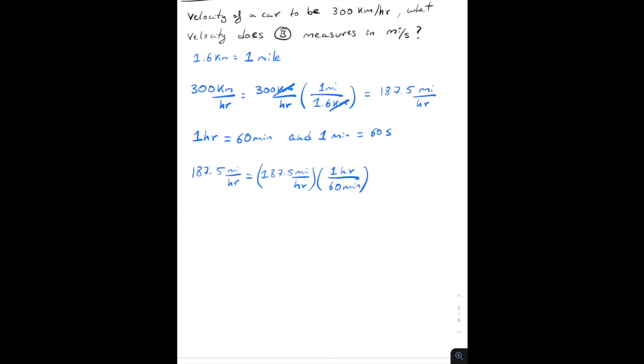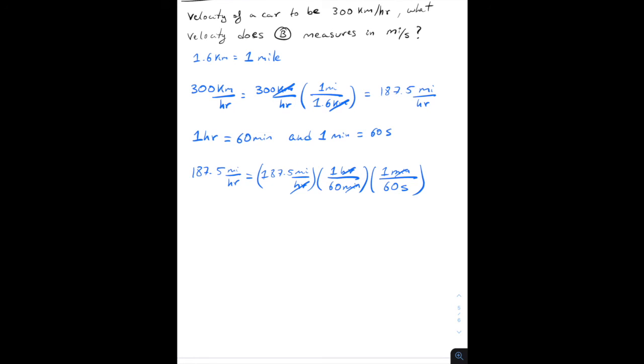So minutes go in the numerator and seconds go in the denominator. As you can see, hours cancel out, minutes cancel out, and if we look only at the units, we get the desired units, which is miles divided by seconds.